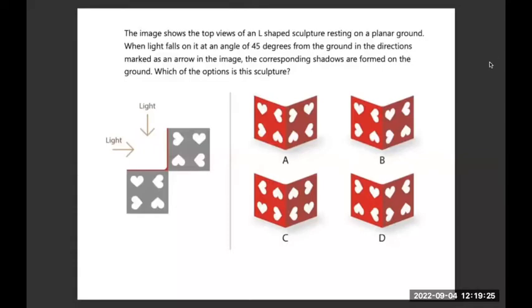Ananya Patel, that is correct. Just a suggestion, this is a hint for you all. Look at the bottom row. Look at what happens in the bottom row.